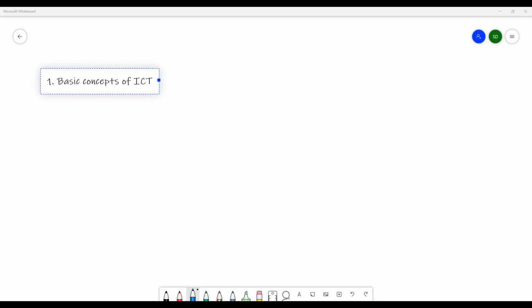Okay, so let's take down. The very first thing I would like to discuss is data and information, right? Now we use computers to convert whatever the data is to information. We use computers for that.